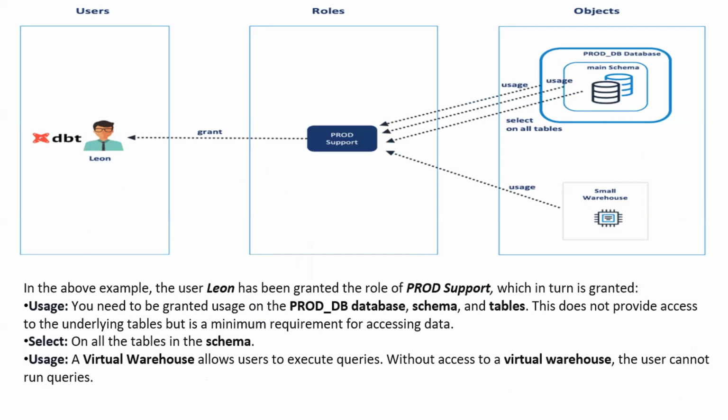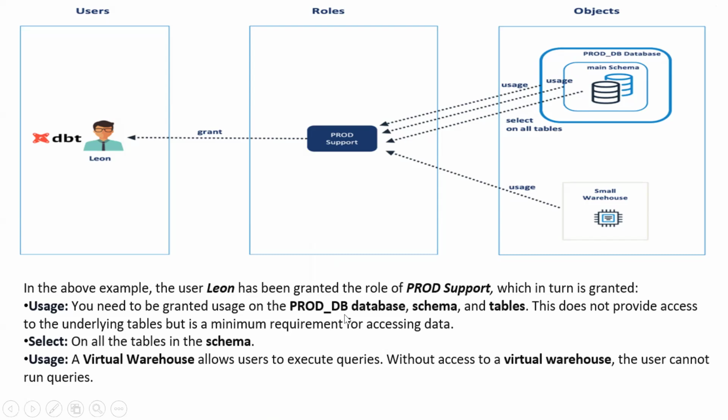So Leon has a prod support-like role, which we granted. So he will have usage on the main schema. And he also will have select on all tables. And he will also have usage on the warehouse, because he needs to perform some database management activities also.